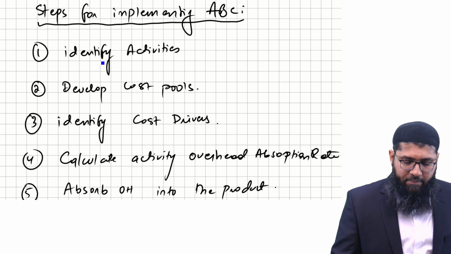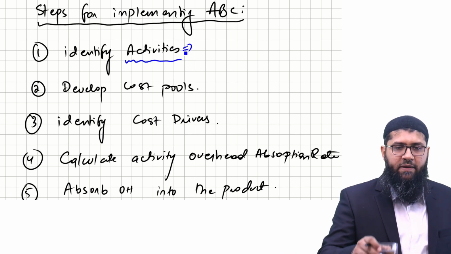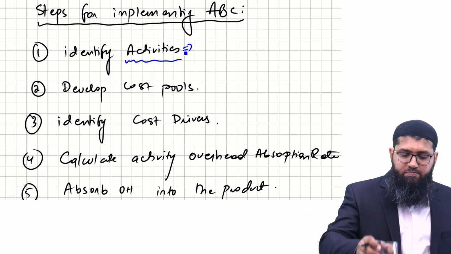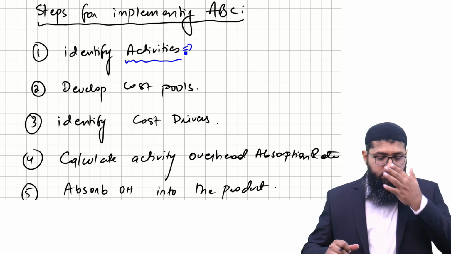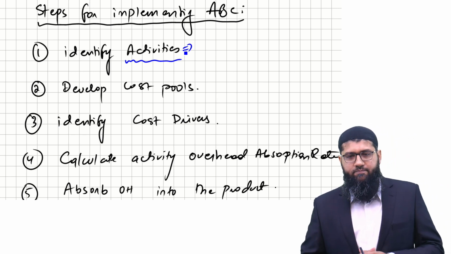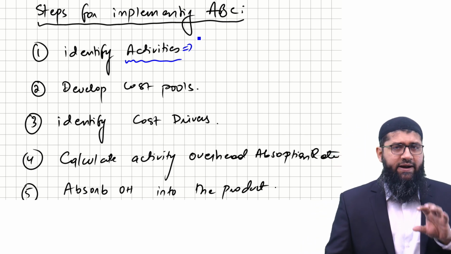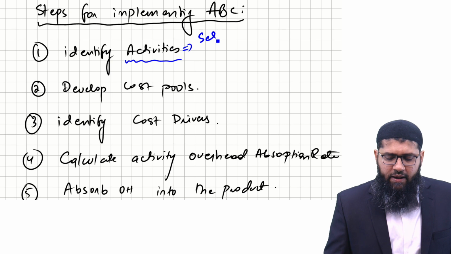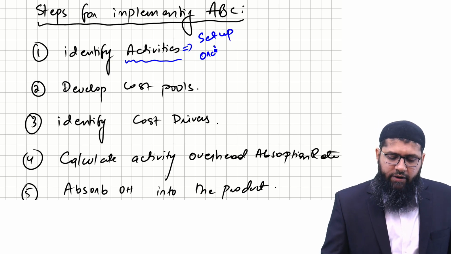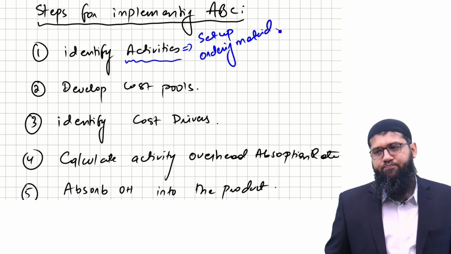The first step is to identify the activities. Now what do you mean by this? You as an organization undertake many activities, so identify all the major activities, like machine setup is one of the major activities, ordering material is one of the major activities, things like that.